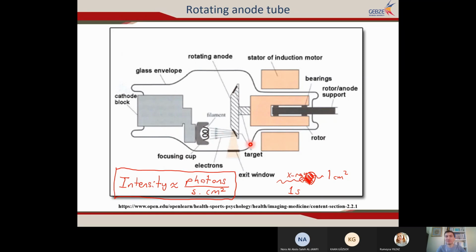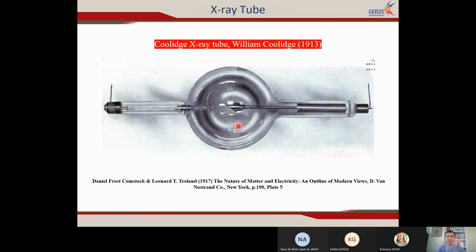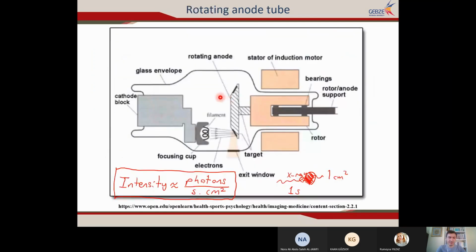So then this does its job. Here we have a rotor to rotate this anode material, okay? And here there is a stator of the induction motor, and this is the glass envelope, and there is a vacuum inside. So the main mechanism is the same as we discussed for the X-ray tube during the last lecture.